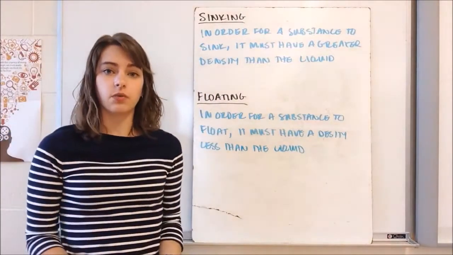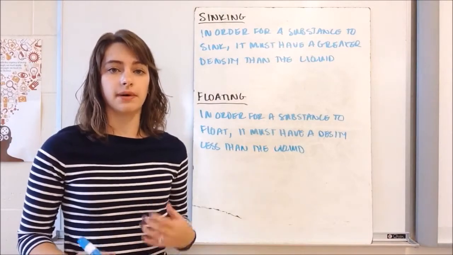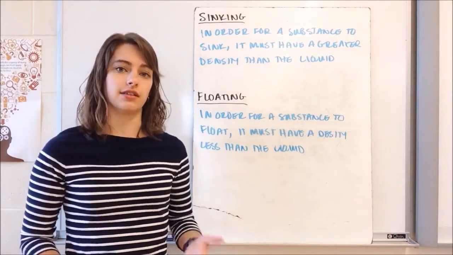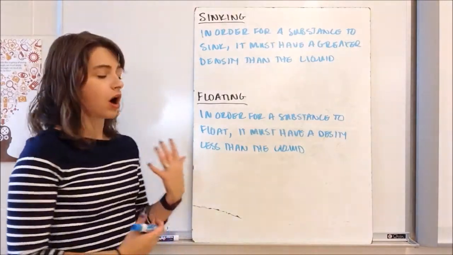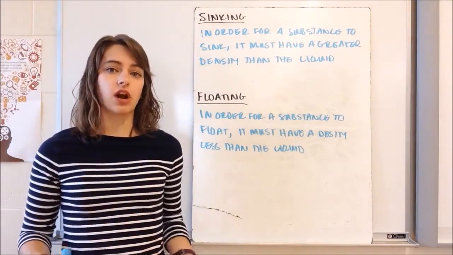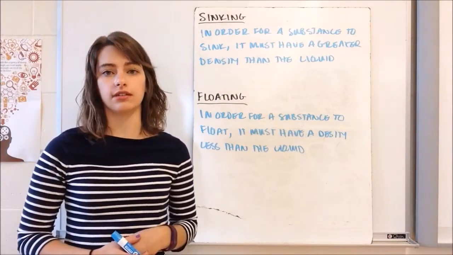So for instance, if we wanted something to float in water, it must have a density less than the density of water. Now, we won't always use water as our liquid, but we use it often enough that it's useful to know the density of water.